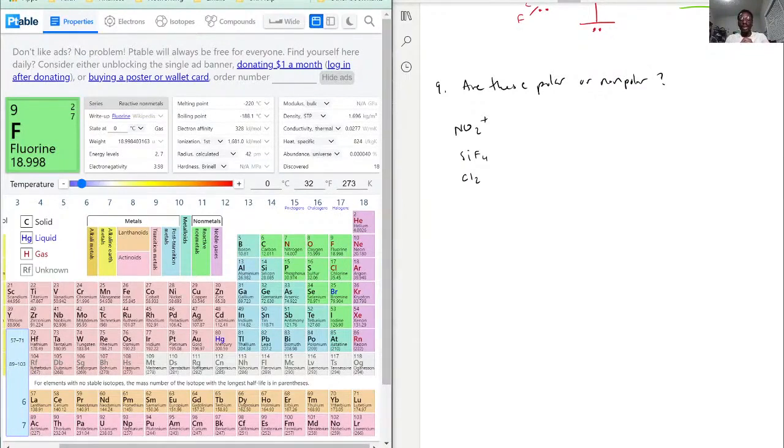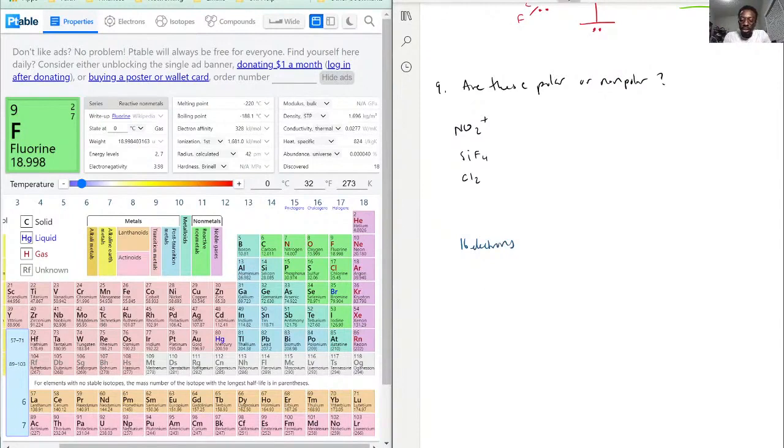But we have a plus. When you have a plus there, that means that we have 1 less electron to work with. So instead of 5 plus 6 plus 6, it's that, but then minus 1 at the end. So that's 12 plus 5 is 17, minus 1, we have 16 electrons to work with.